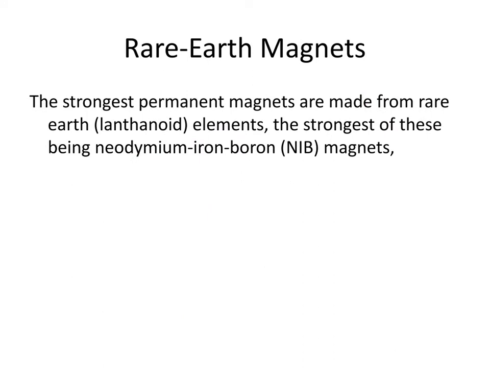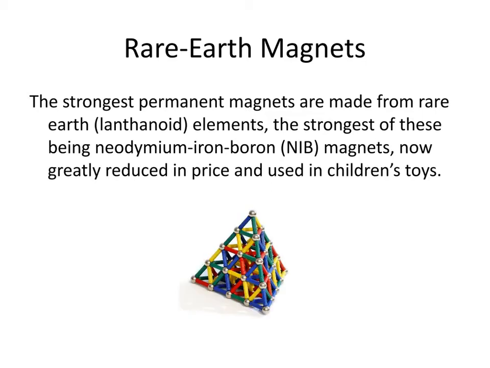We also have what are called rare earth magnets, made from various materials, including neodymium iron boron, or NIB magnets. And these are very, very strong in terms of magnetic strength. You'll probably see these in some kids' toys, or any magnet that's small that's really, really strong. You'll also find these in computer hard disks.